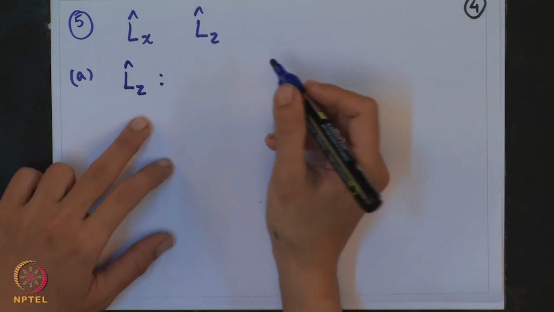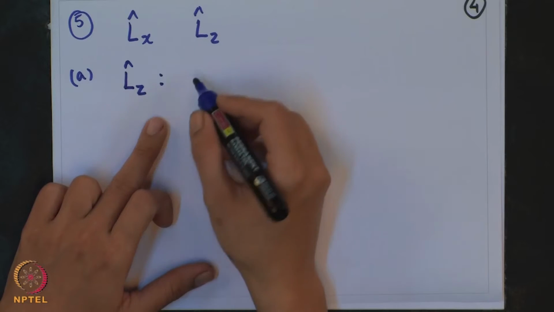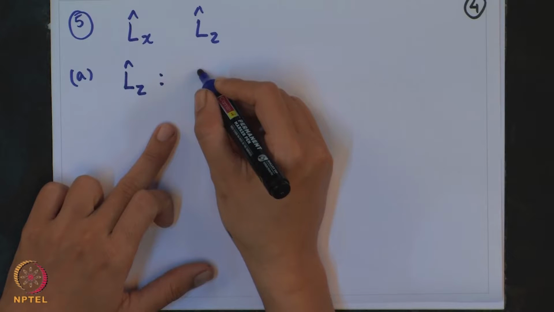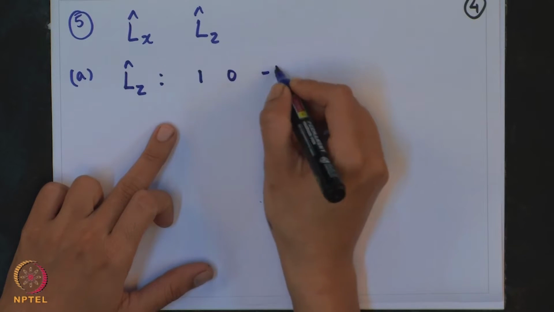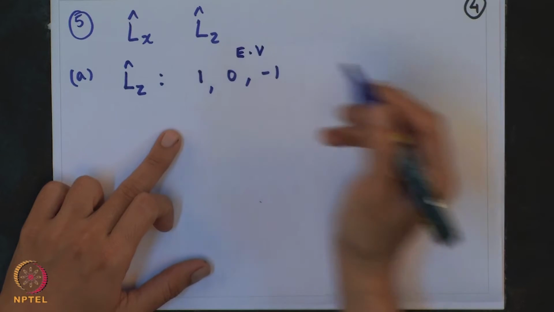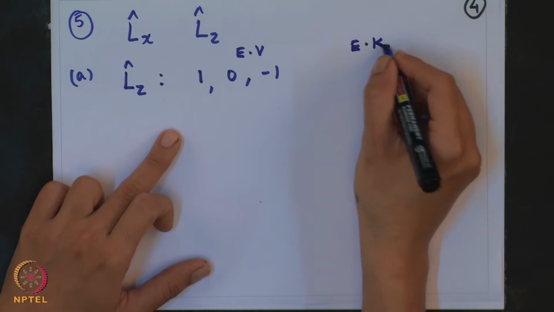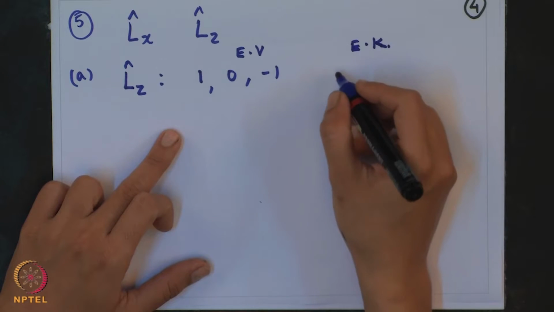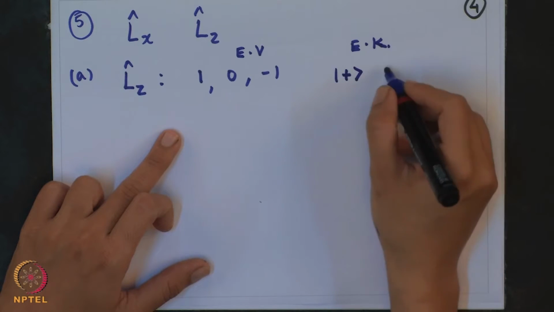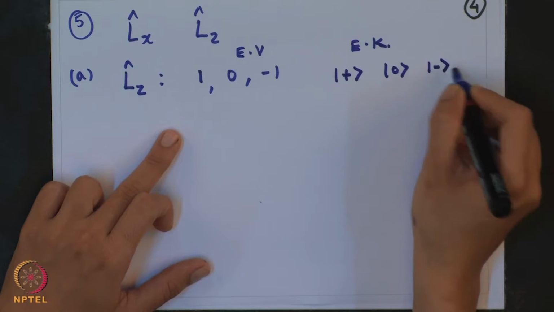From Lx and Lz you can see that Lz has eigenvalues 1, 0, minus 1. These are the 3 eigenvalues, and the corresponding eigenkets, I denote them as plus, 0 and minus.